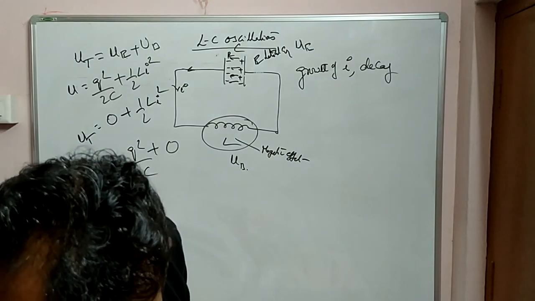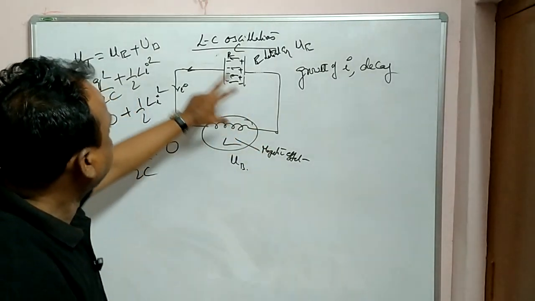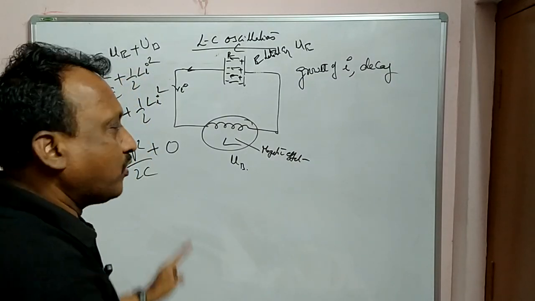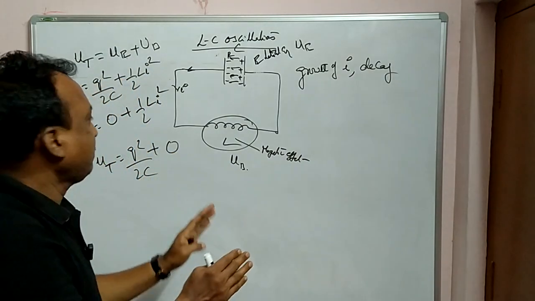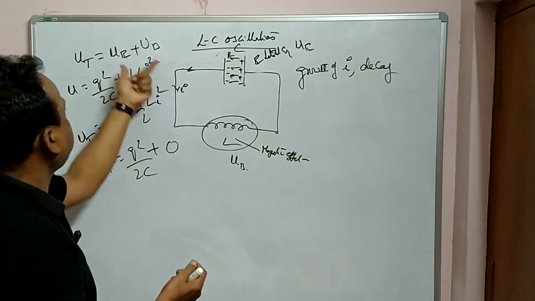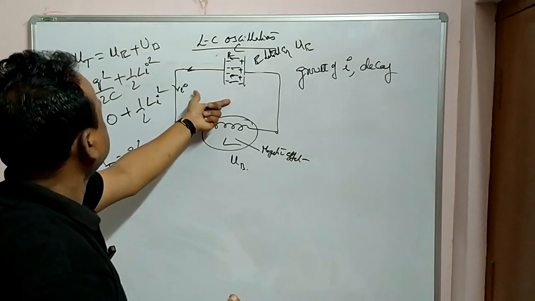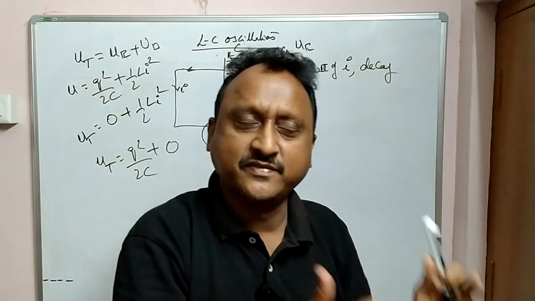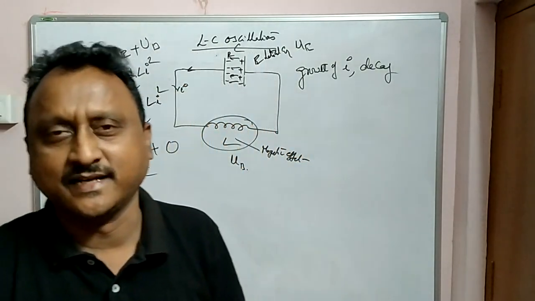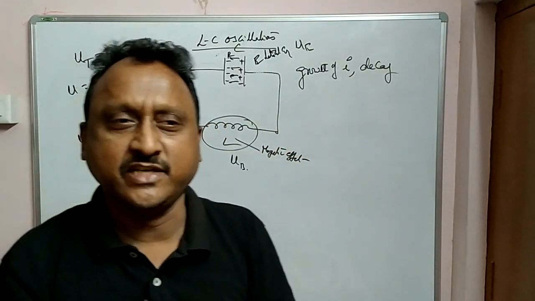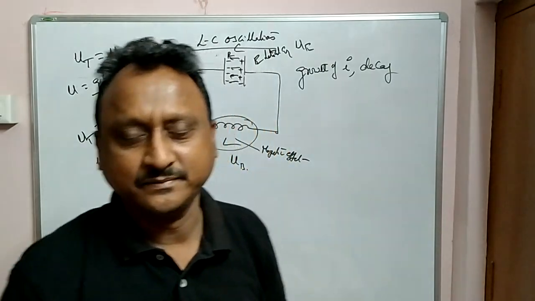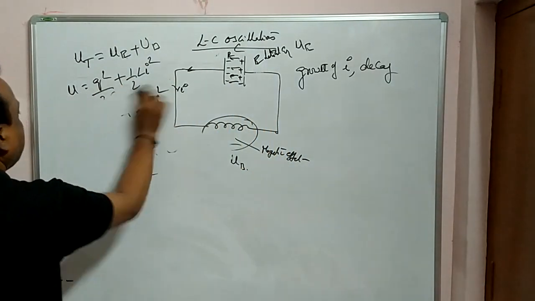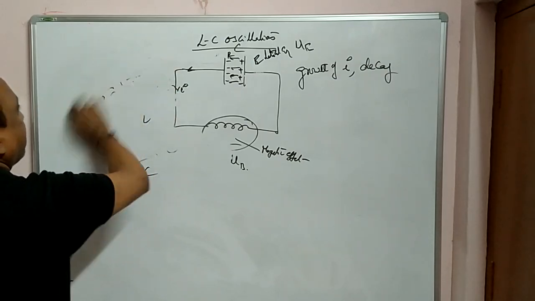So in this way LC oscillations are going on in this circuit. Total energy is conserved, the energy of the L and the energy of the capacitance: Q square by 2C, half Li square. Once this becomes 0, the other will be present. When the inductor energy is 0, the capacitor energy will be there. So in this way the energy is conserved and LC oscillations are going on.